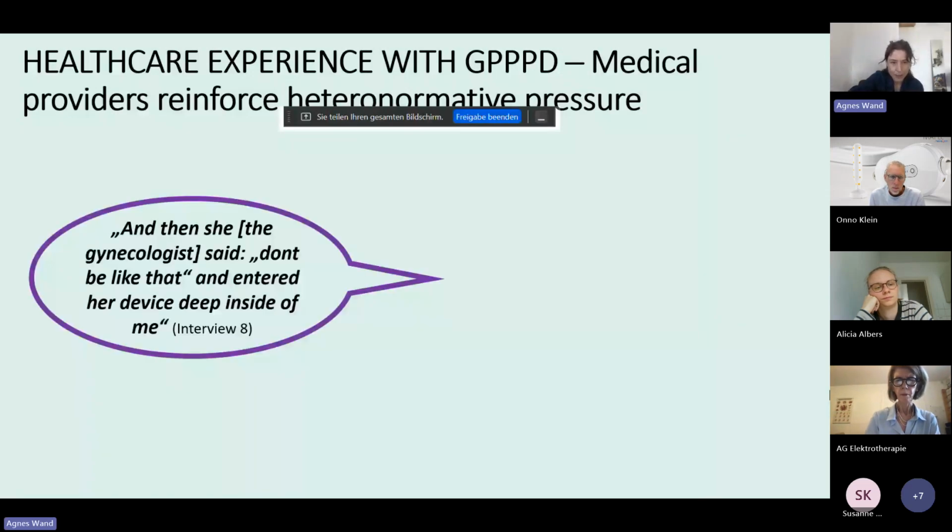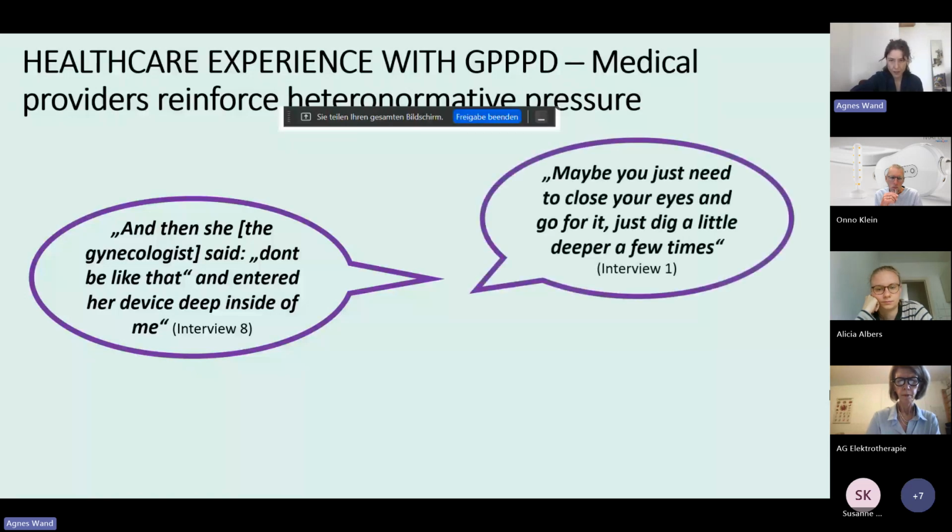For example, this quote: "And then she said, 'Don't be like that,' and entered her device deep inside of me," is from an interviewed person talking about one of her first vaginal examinations. This turned into a violent experience and made the problem even worse.